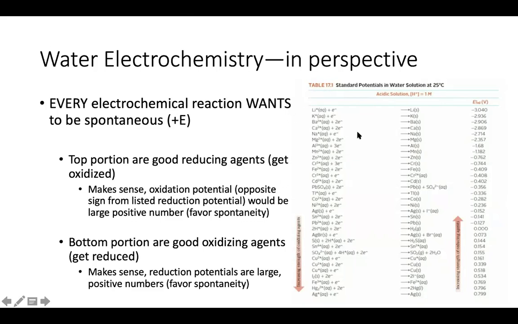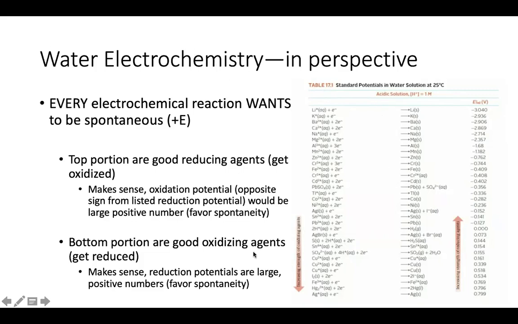Okay, so that's why towards the top of the table, these prefer to be oxidized, right? Because then they'll end up having a really large positive E value. Now at the bottom of the table, these half reactions prefer to be reduced.